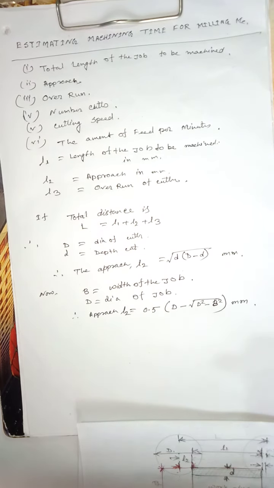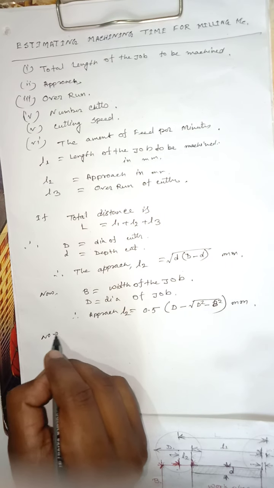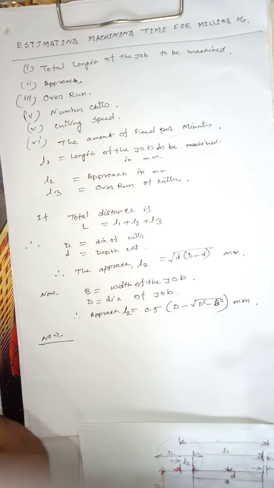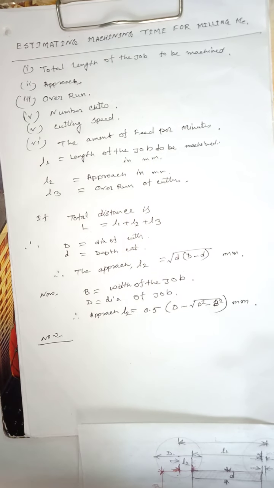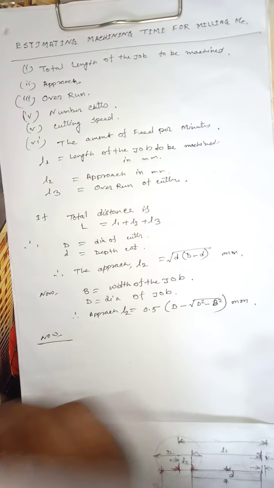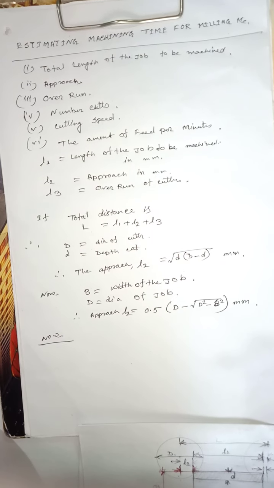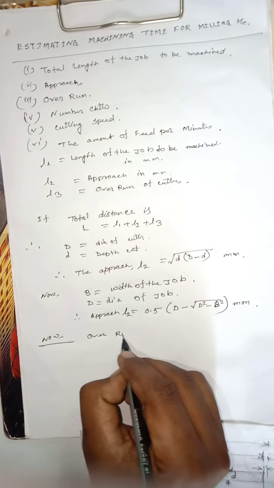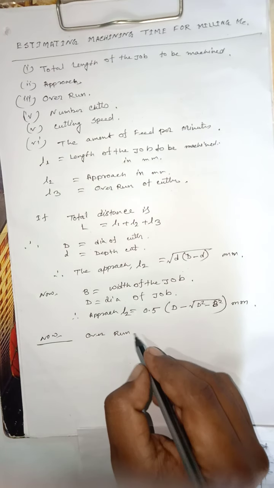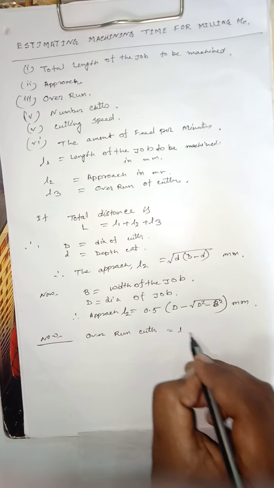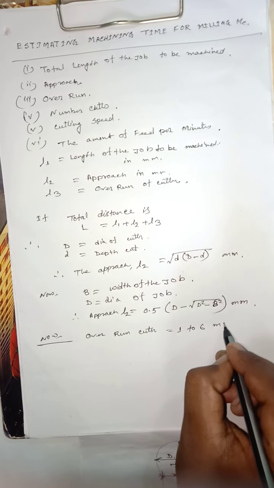Now, the overrun of the cutter depends upon the size of the machining surface. It is considered between 1 to 6 millimeter.